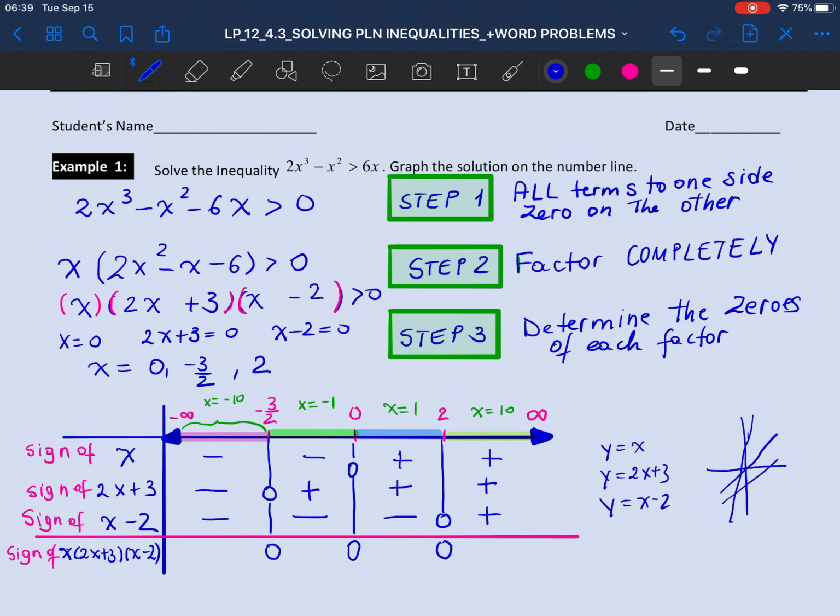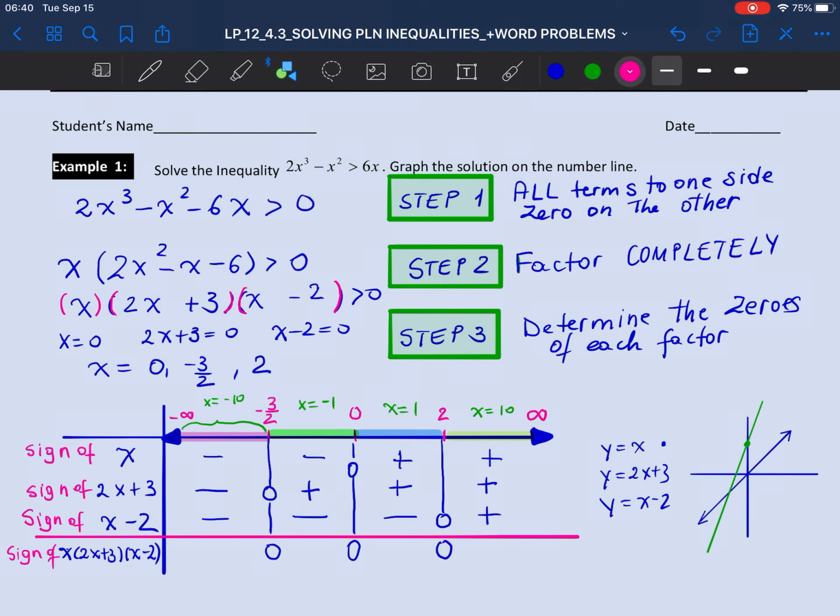Okay? So, that's the reason why after their zeros, they would become positive. I'm going to make this a little bit more clear. So, for example, the first one, y equals x, will be a straight line, right? Here. 2x plus 3 would have a y-intercept at 3 and a slope of 2. It would be a line like this.